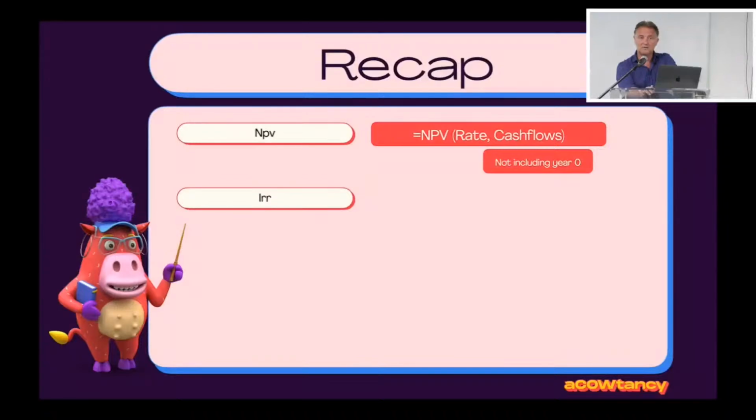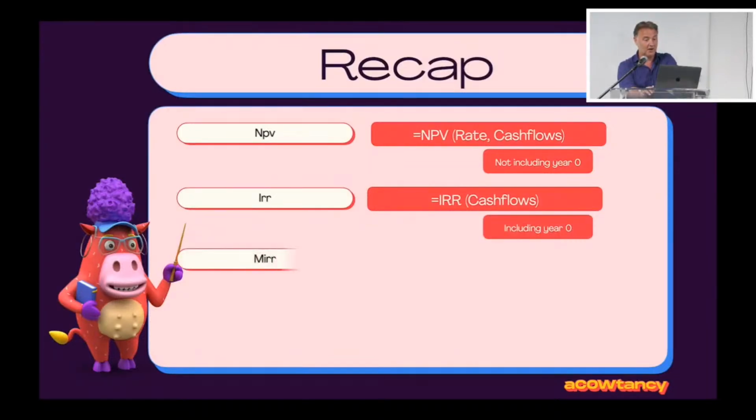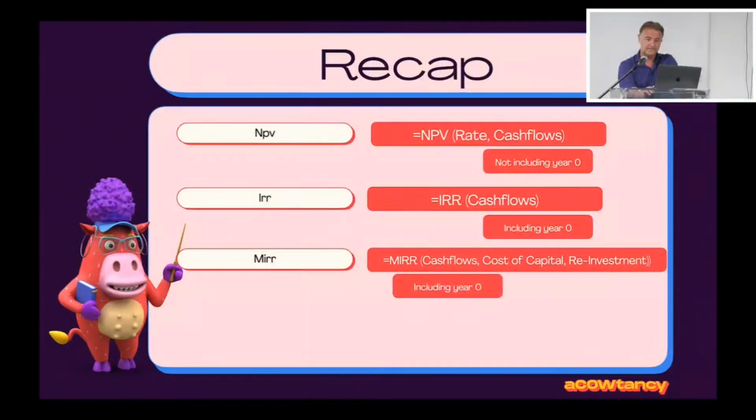Equals IRR, just cash flows. Really simple. Just put your cash flows in. Do you include year zero? Yes. And then MIRR equals MIRR, cash flows, comma what? The discount rate, the cost of capital, comma reinvestment rate. Include year zero because that's what you do with IRR.